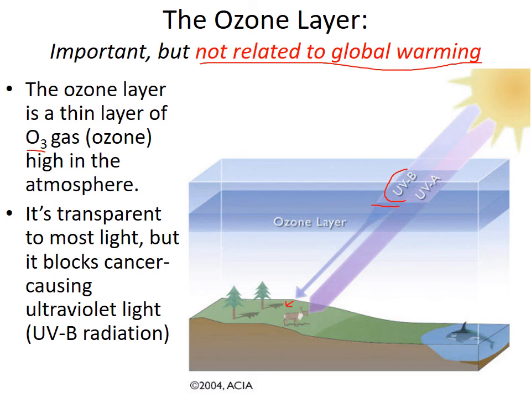And that's really significant for both terrestrial and marine ecosystems, because UVB radiation causes disruptions to DNA that can cause cancer. So it can cause skin damage as well, and it can decrease the primary productivity of plants and phytoplankton, and cause animals to get cancer and things like that. So we really don't want a bunch of UVB radiation getting into the Earth. So thank goodness for the ozone layer.